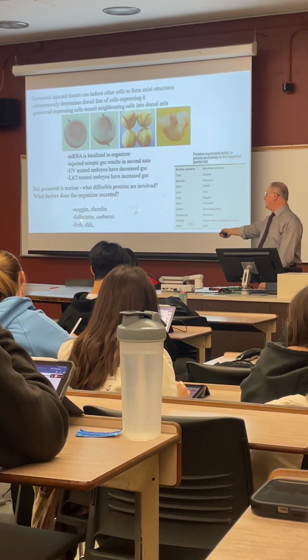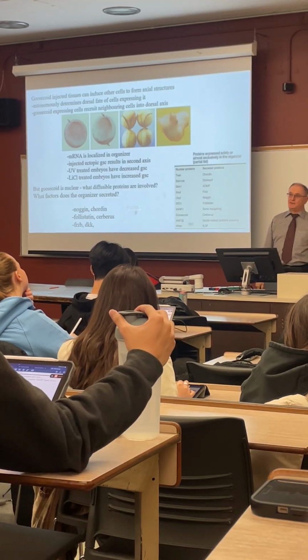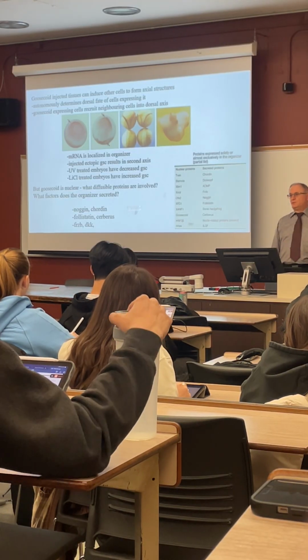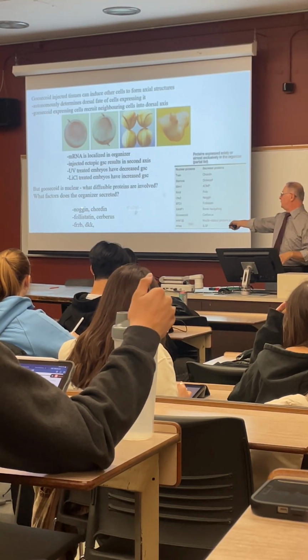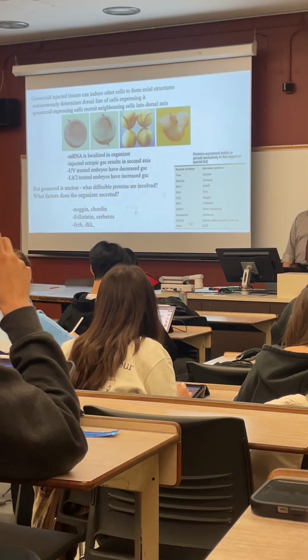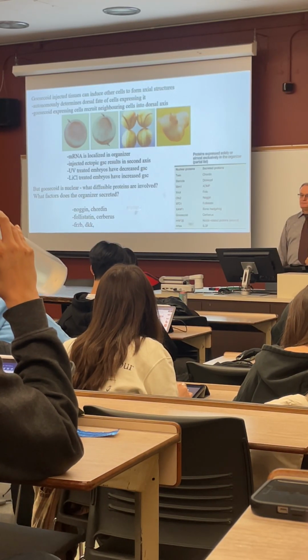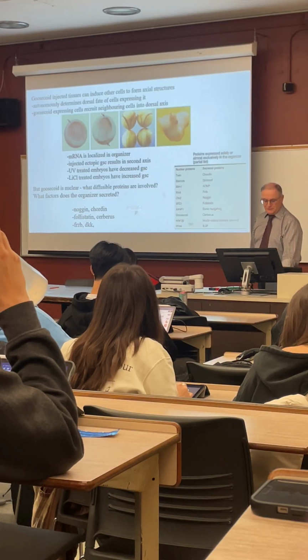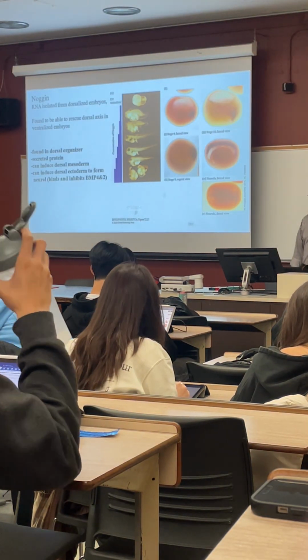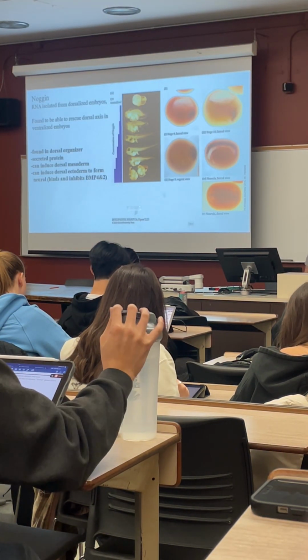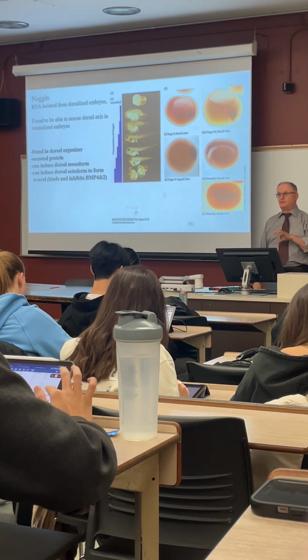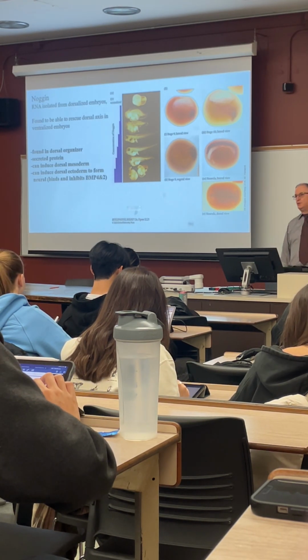So noggin, chordin, and follistatin are found in the dorsal organizer. When the dorsal organizer forms the notochord, they are found in the notochord, and they are secreted by the notochord. Those molecules are all very similar. They're found in the right place: in the dorsal organizer and in the notochord.